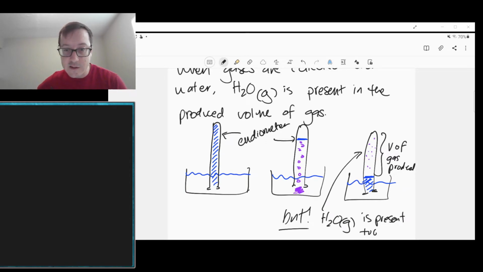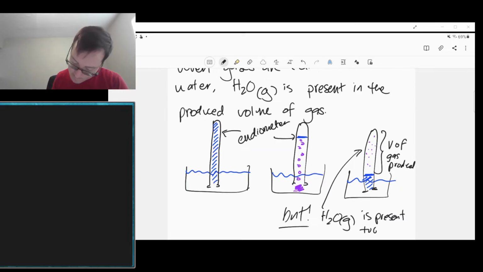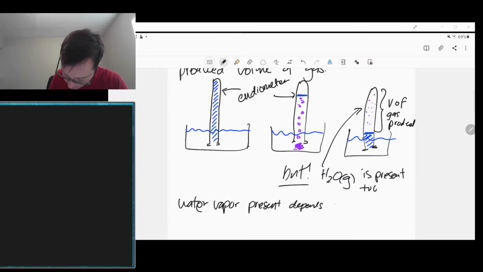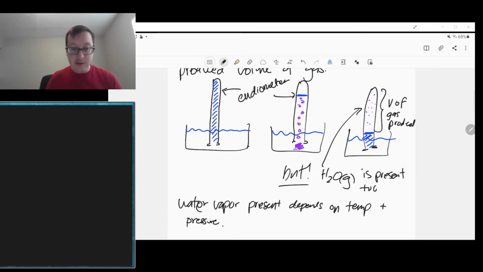There will always be some water vapor present. And the amount of that depends on the temperature and pressure. So the amount of water vapor that's present depends on the temperature and pressure.